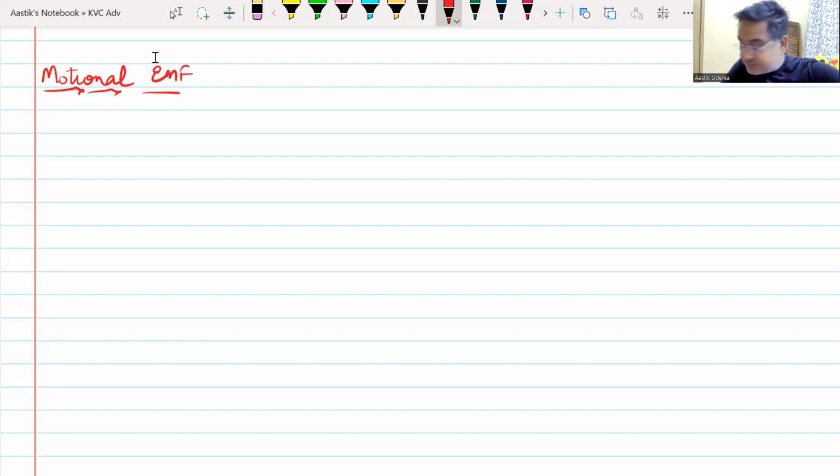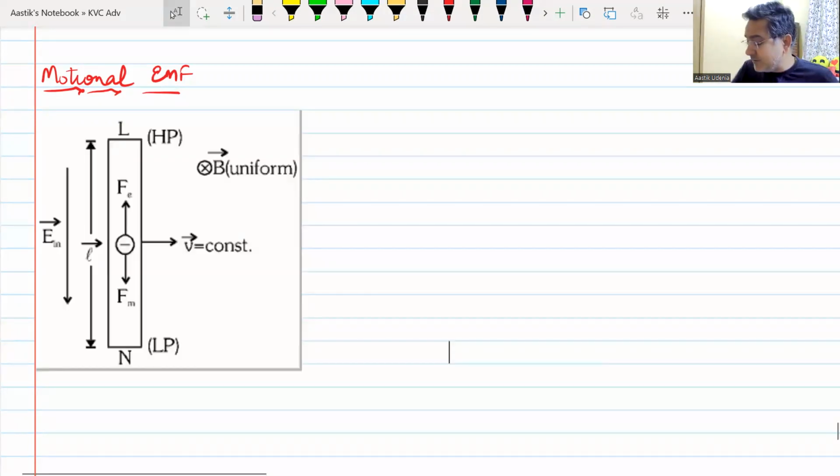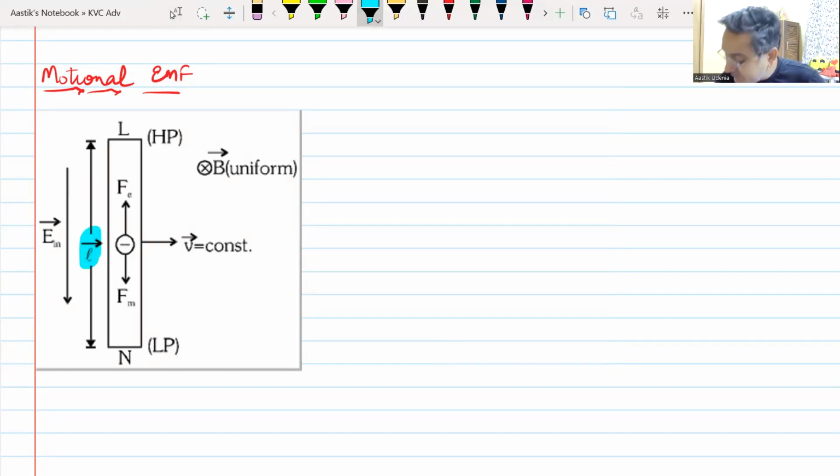You have a conductor whose length is L, as you can see here, and this is placed in a uniform magnetic field, and the magnetic field, as you can see, is B, it is inside, and it is moved with a constant velocity v.